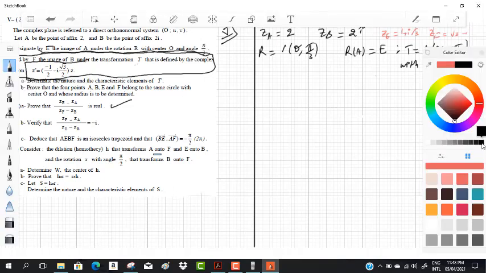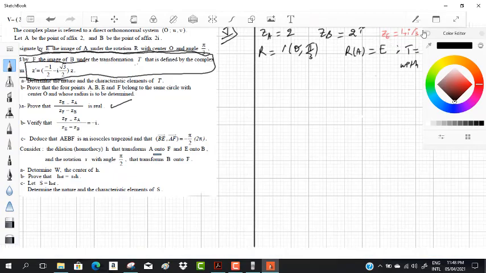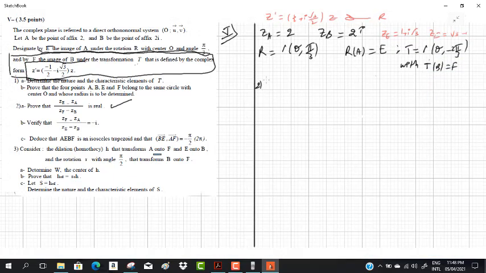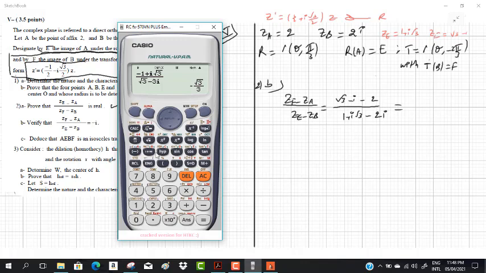Now 2B. Verify that ZF minus ZA over ZE minus ZB. ZF is radical 3 minus I minus ZA, which is 2, over ZE, which is 1 plus I radical 3, minus ZB, which is 2I. Instead of working it out myself, I'll do it on the calculator.